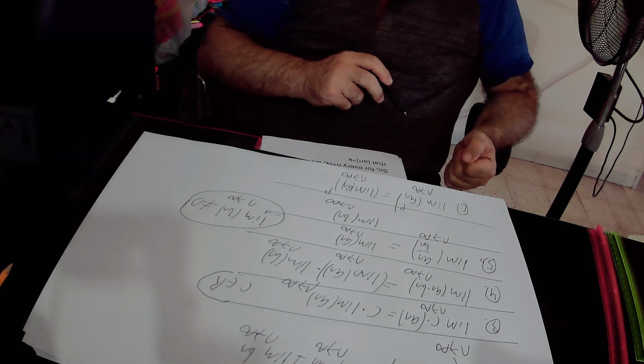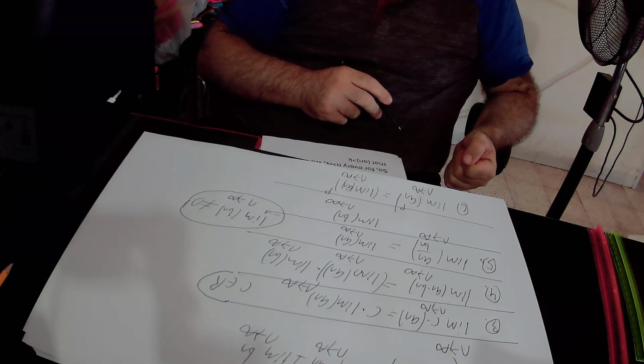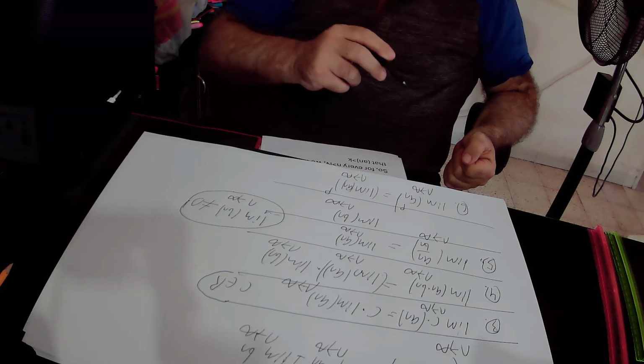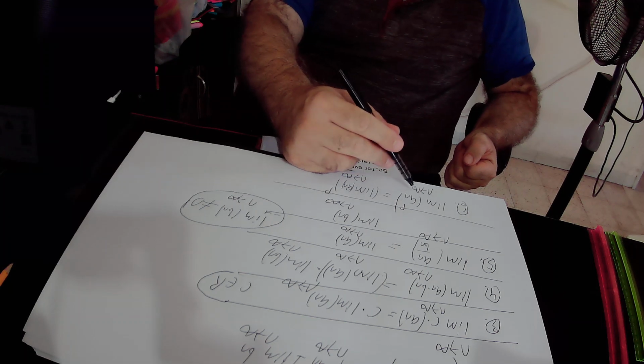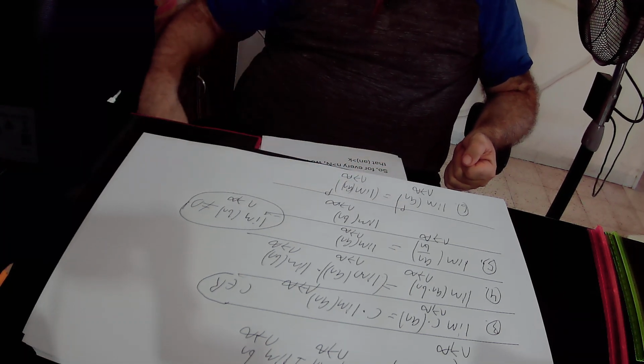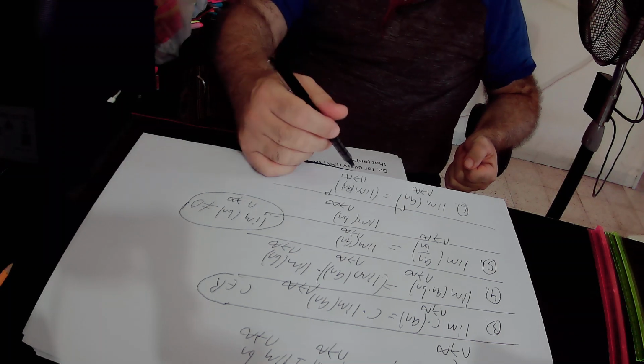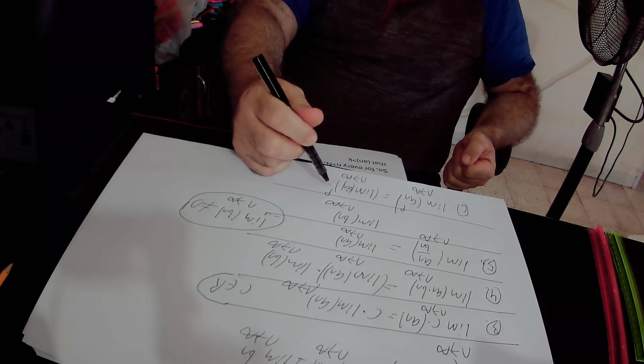Okay, and finally we have equation number 6 that states that lim an to the power of p when n tends to infinity equals lim an when n tends to infinity, to the power of p.